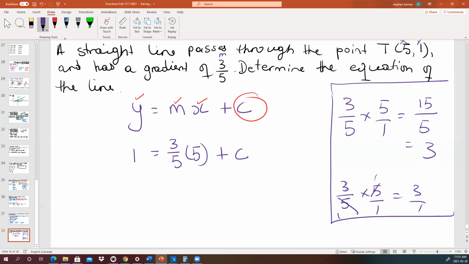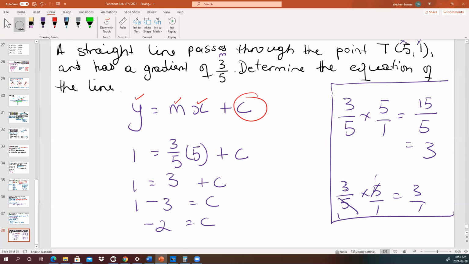Either way, the answer is 3 plus c. Then you have 1 minus 3, because you're carrying this over the equal sign, equals c. 1 minus 3 gives you minus 2 equals c. So you now have your c value.